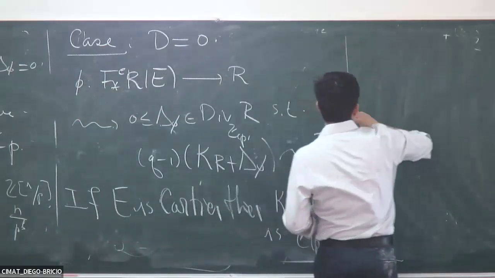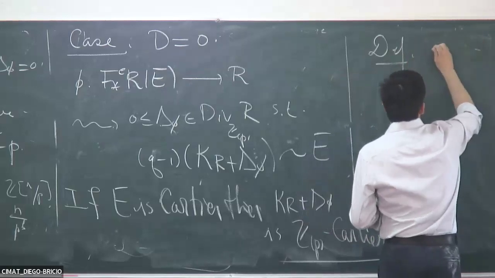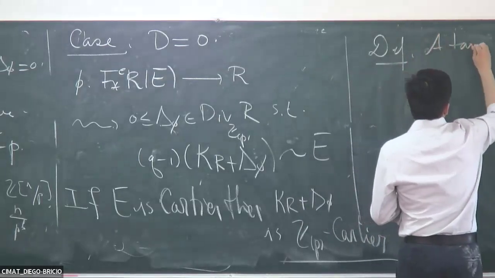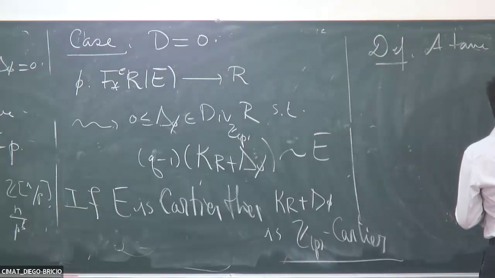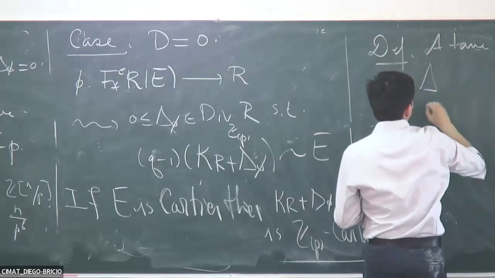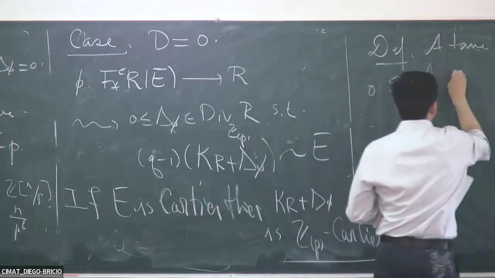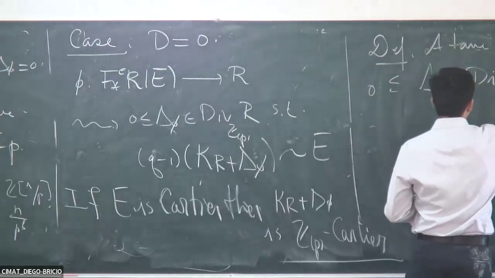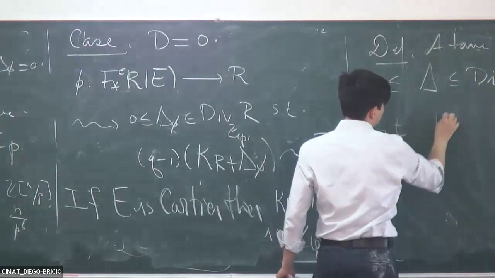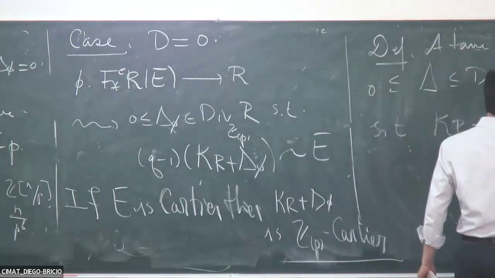So, definition: a tame boundary delta, well, it's an effective divisor, let's just say this, such that KR plus delta is ZP Cartesian.